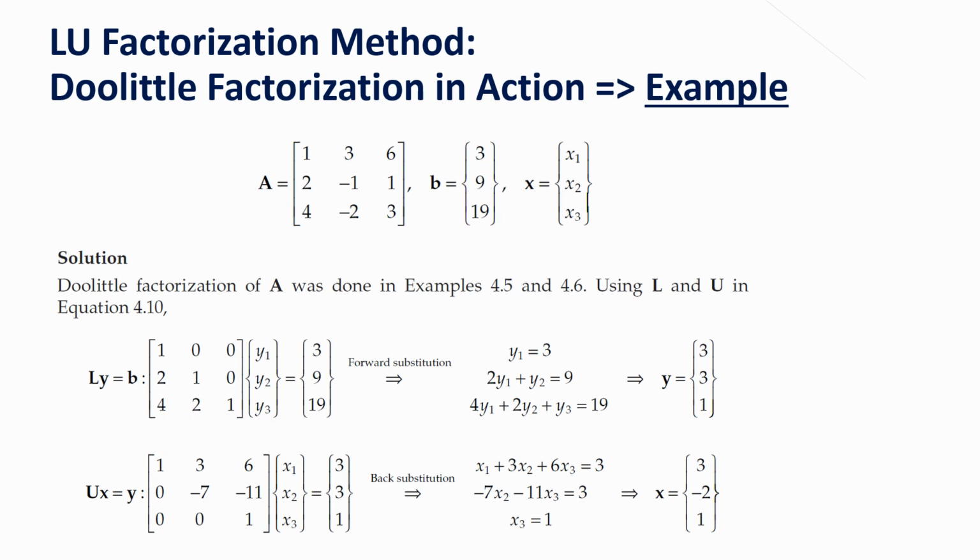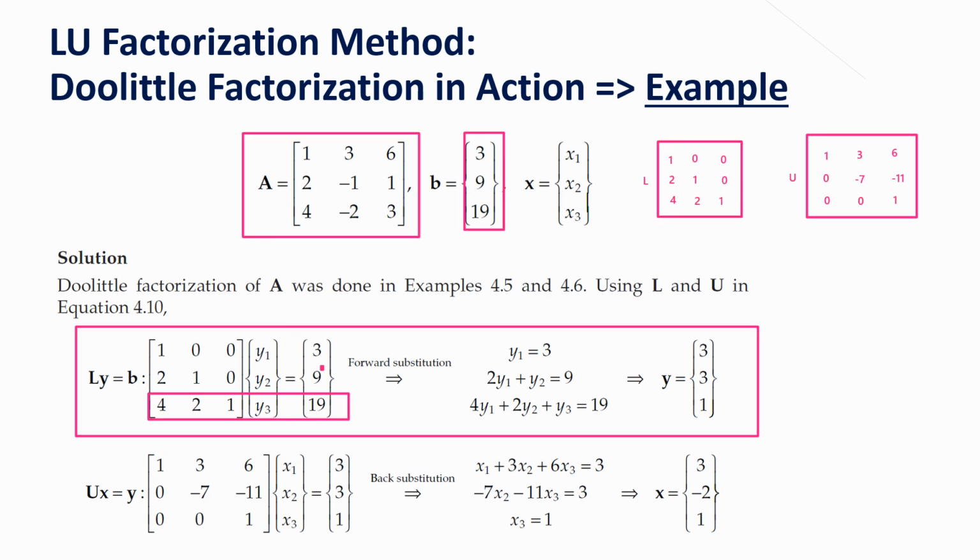Okay, now based on the forward substitutions here, we have y1 equal to 3, then we substitute y1 here: 3 multiplied by 2 is 6, 9 minus 6 is equal to 3 as well, so y2 is equal to 3.